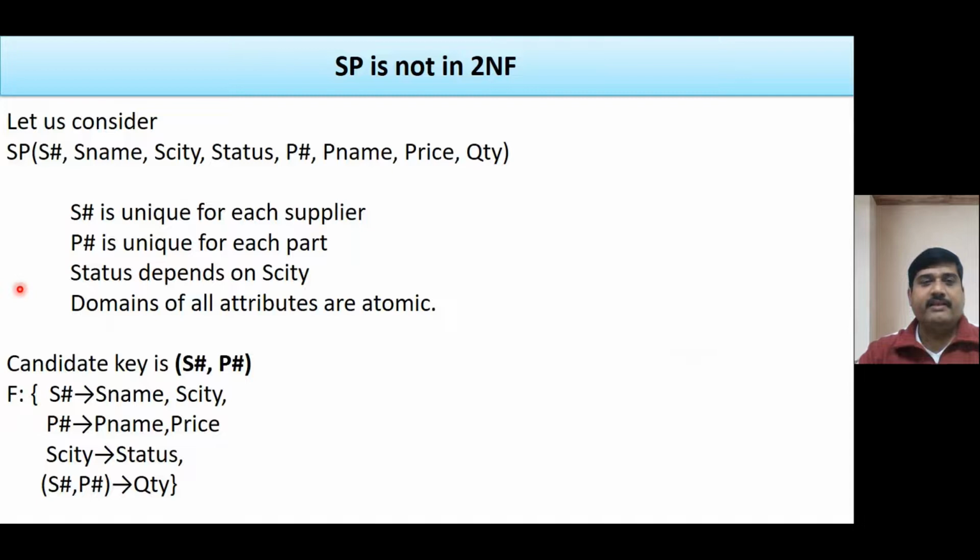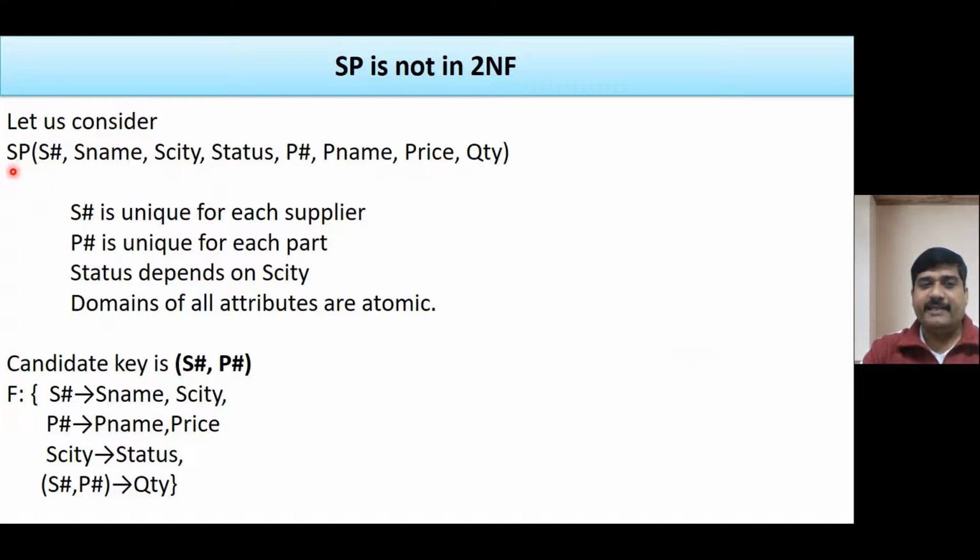Now let us consider a table, supplier part. In this table, there are attributes: supplier number, supplier name, supplier city, status of the city, part number, part name, price of the part, and quantity of the part being supplied. We keep all the attributes in a single table.